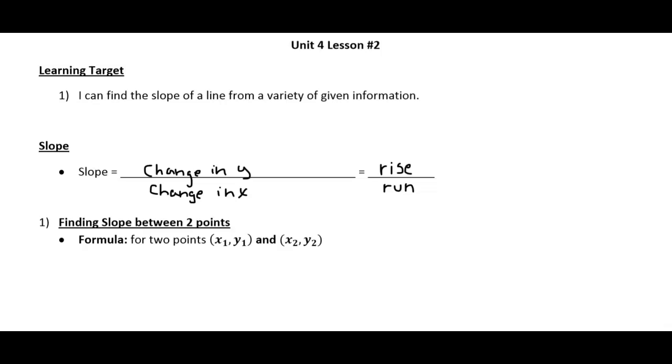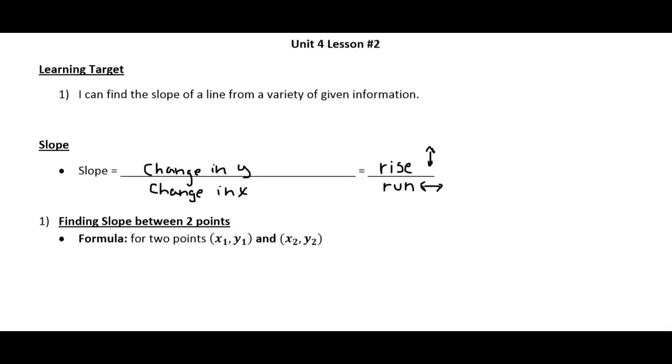So you always look at how far up and down do I go, and then how far over did I go, okay? And then just knowing that up is positive, down is negative, right is positive, left is negative, okay? So I'm going to give you the formula, and we'll just go from there.